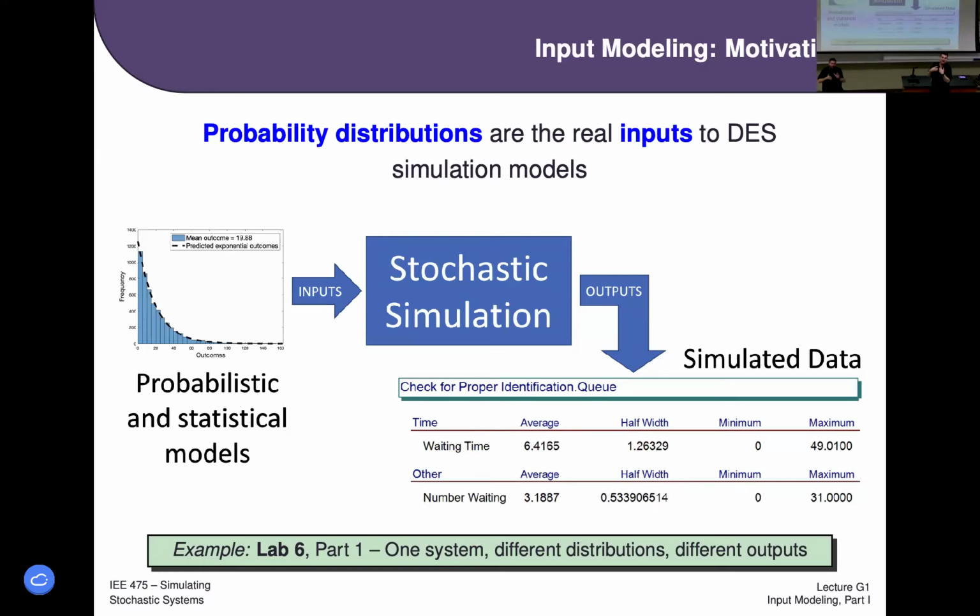You want to ask, what's the average waiting time for the population of customers? Because you're only running a finite number of replications, that is going to have noise. So this half width tells you where the true average is likely to be: 6.4 plus or minus 1.2.